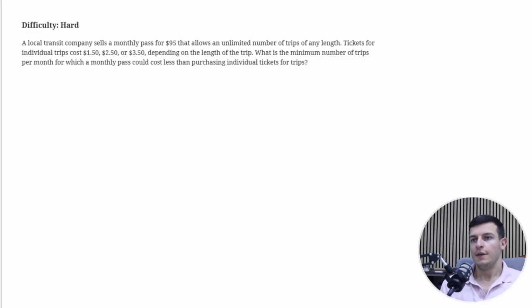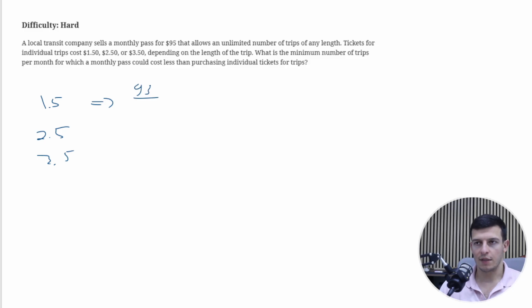Now, look, there are 3 different kinds of tickets that you can buy, right? So let's say $1.50, $2.50, and $3.50. Now, if you're buying a monthly pass or like spending $95, the number of $1.50 tickets you can buy is basically 95 divided by 1.5. I have these numbers down so I don't have to calculate it.